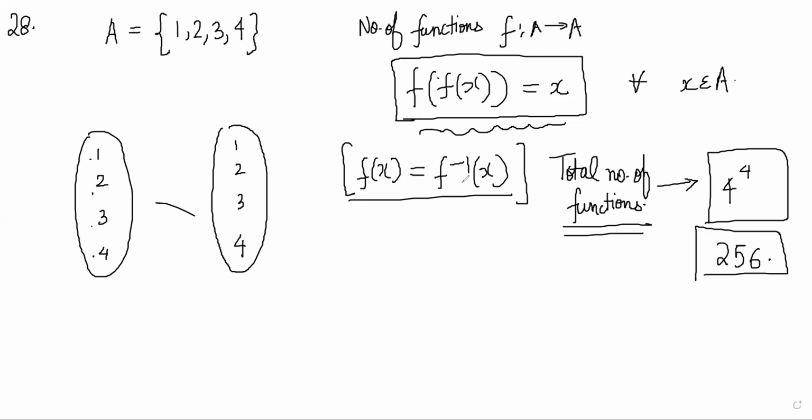The function is such that it is equal to its inverse. Or you can also think of it as applying the function 2 times and then you'll get the same x, right? Okay, so let's think.